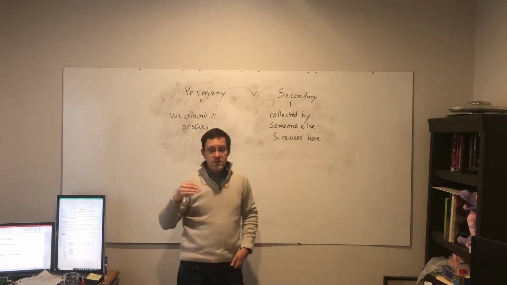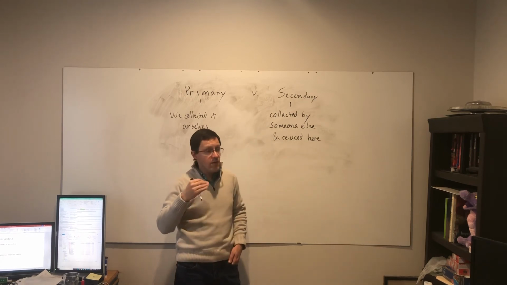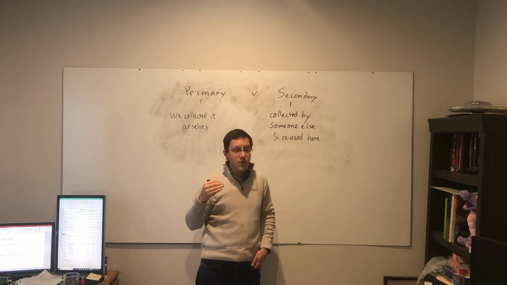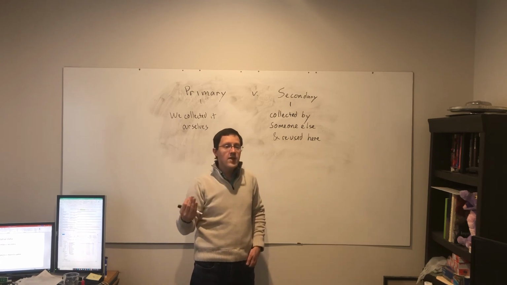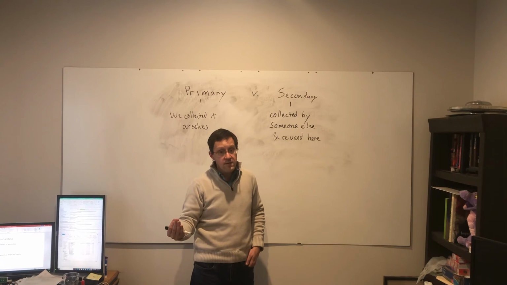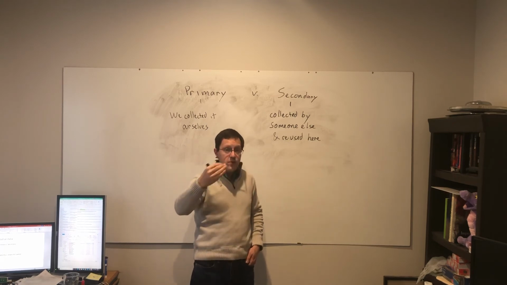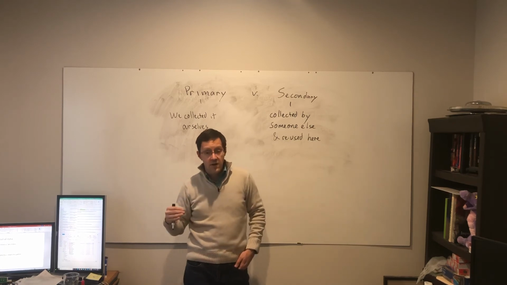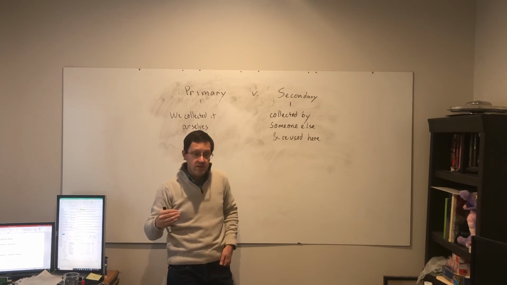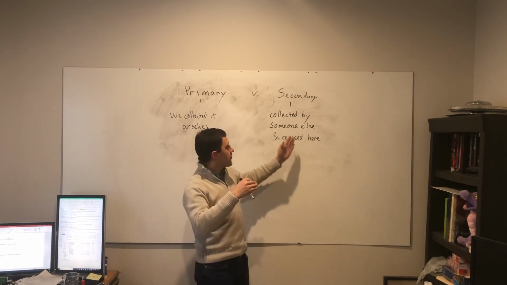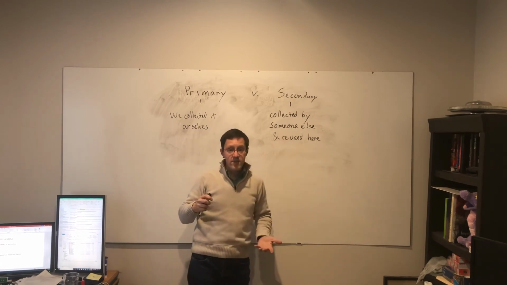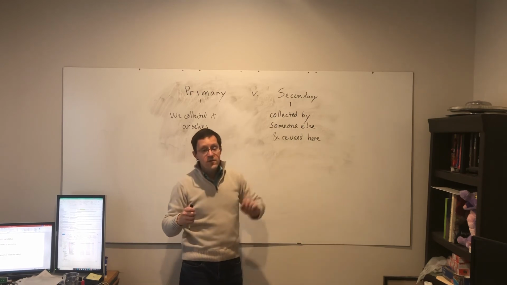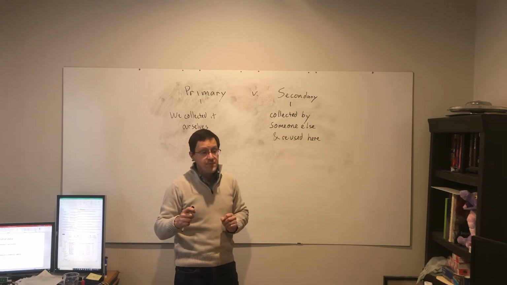Likewise, the Census Bureau collects demographic data and then makes it available online. When you go and you download that data off of the census website, you are not personally involved in collecting that census data, so it is a secondary analysis.